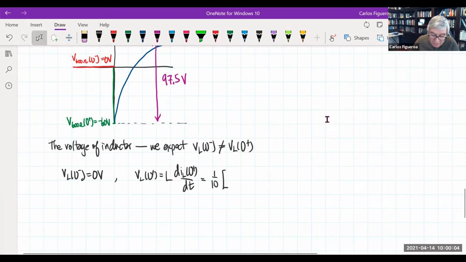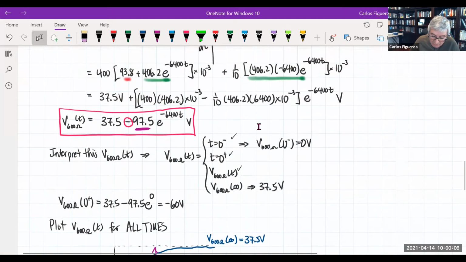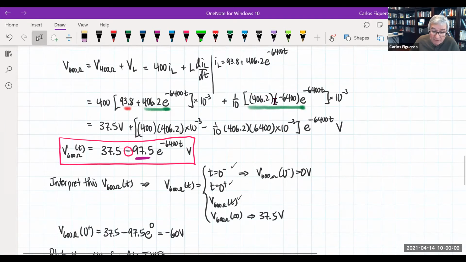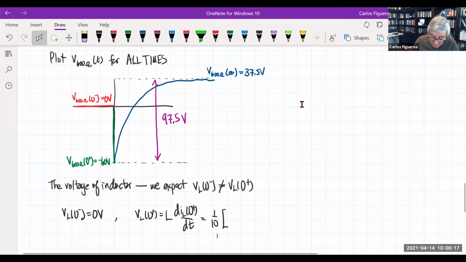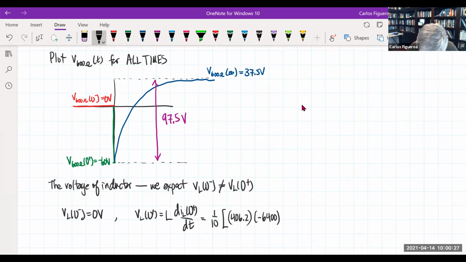We've already taken the derivative of the inductor right here, so I'm just going to steal this piece for the inductor. I have 1/10, and then 406.2 minus 6,400, times 10 to the negative 3, and then e to the 0. And when I compute this number, the voltage of the inductor is minus 260 volts.